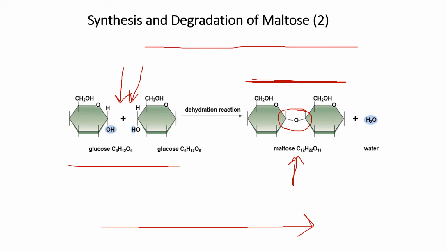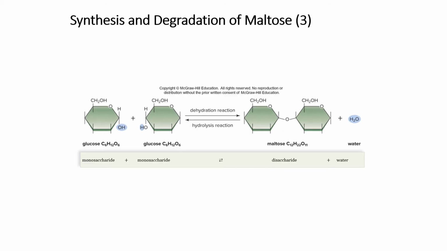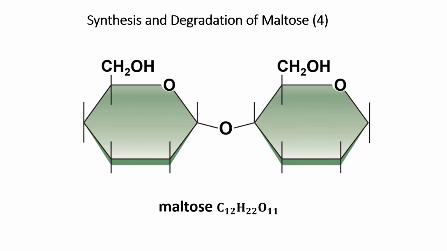If we're going back in this direction, we would be doing hydrolysis. And that's what I just said. And here's a close-up view of the disaccharide. So we have 2 rings, 2 6-sided rings linked together by a covalent bond.